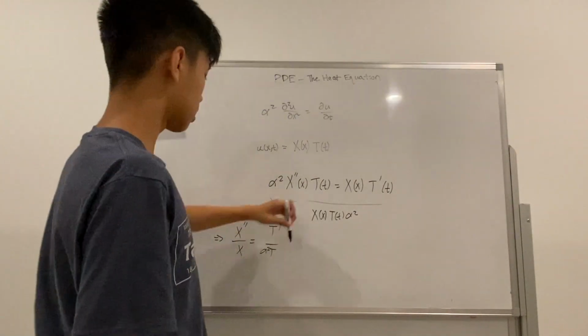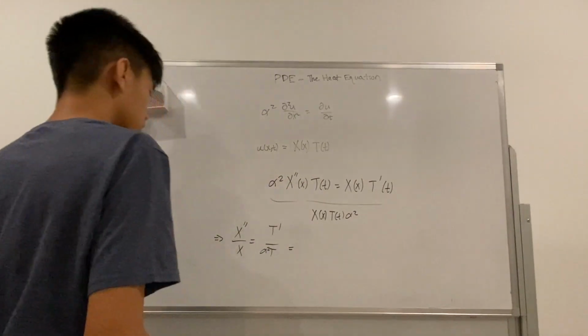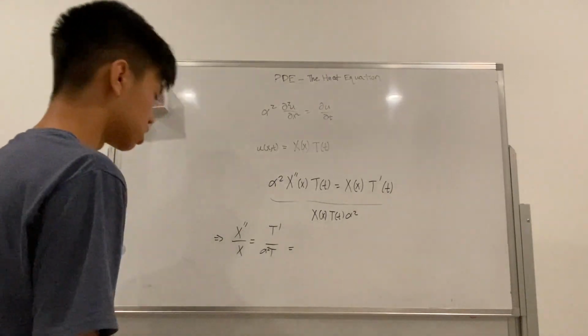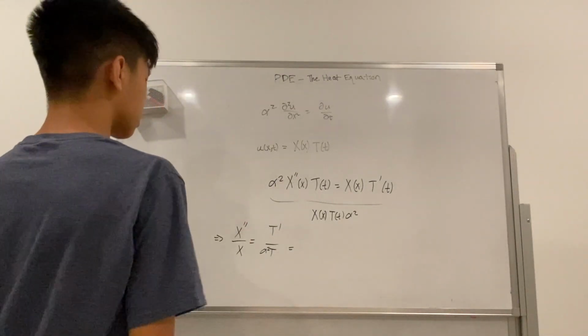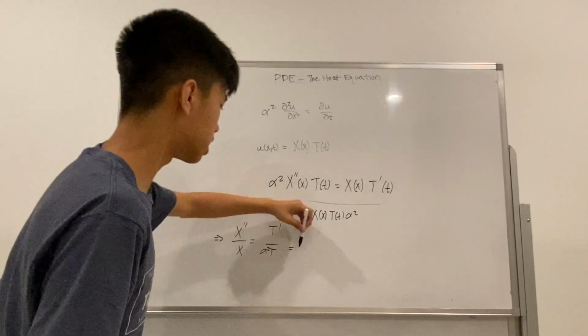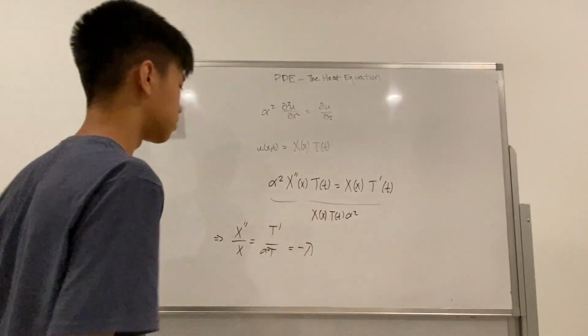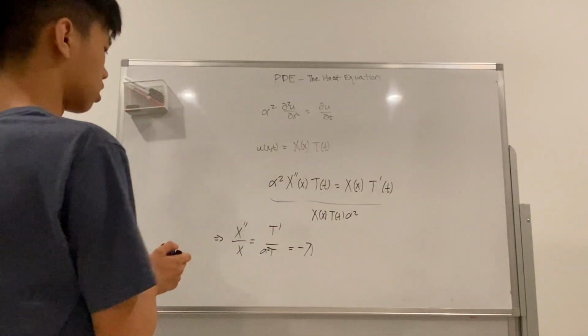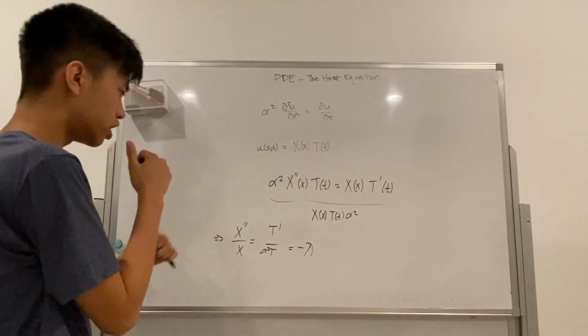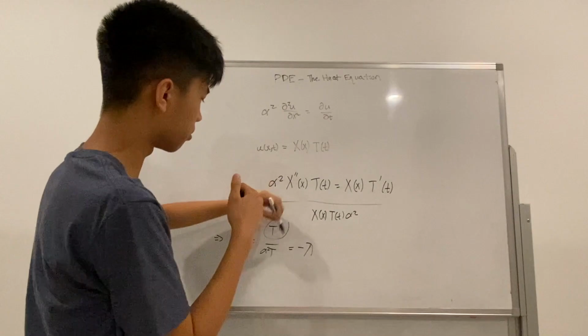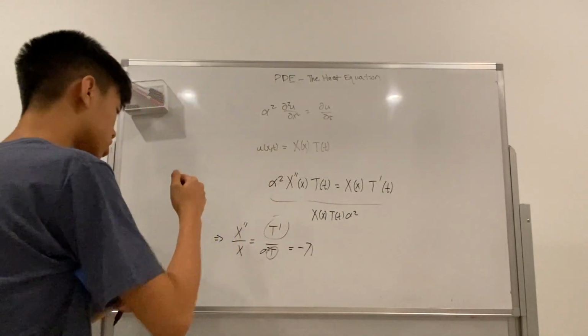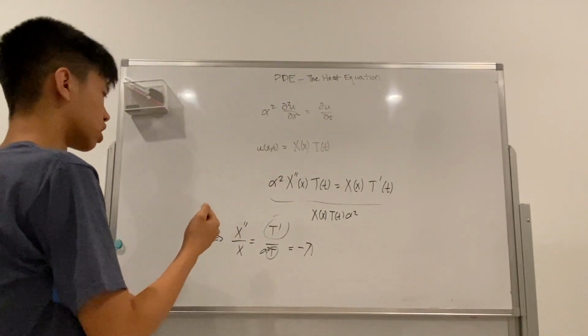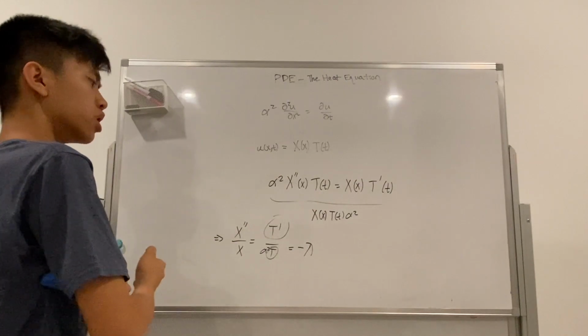And the thing is, we can't really do anything with this until we realize that both of these must stay constant. And why is that? Well, if you change, let's say, either T prime or T, it's not like X double prime or X has to change with it.